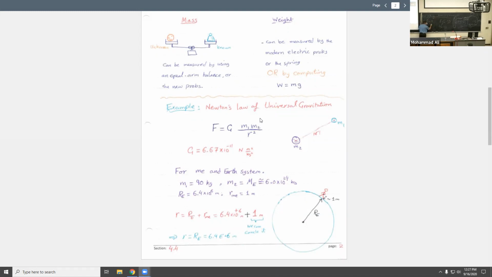At the surface, R is equal to R of that planet, of Earth or moon or sun or whatever. So I can compute g for any planet.